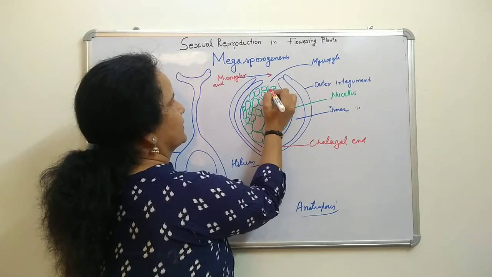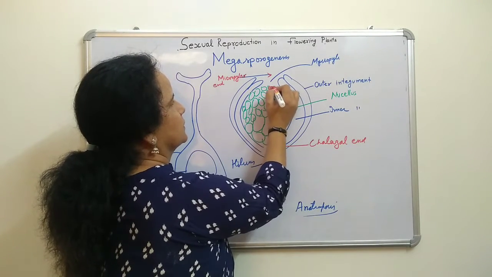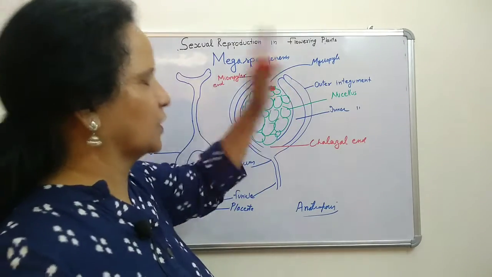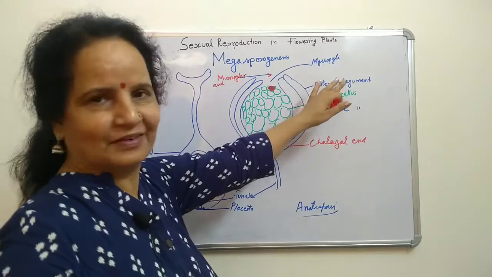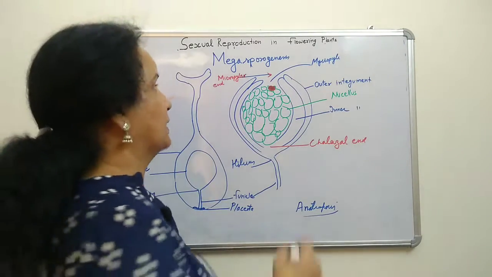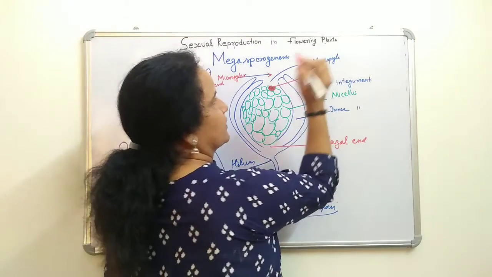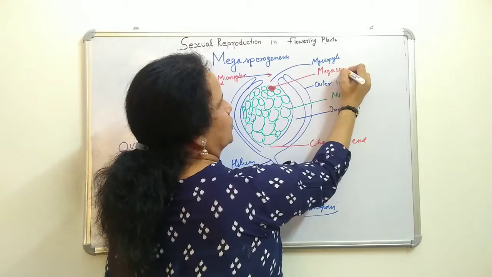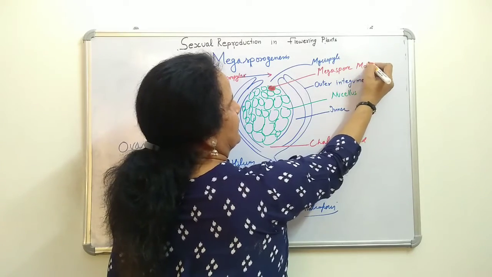Suppose we take this one. Of all the nucellus tissue cells, one will act as the MMC, the megaspore mother cell.